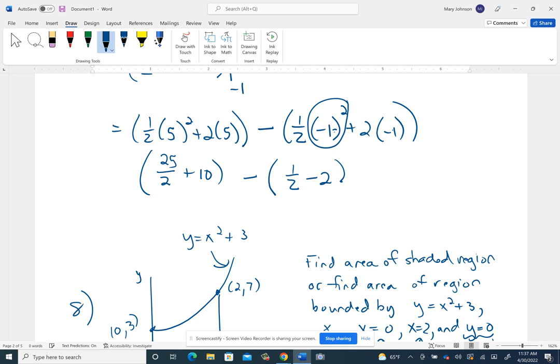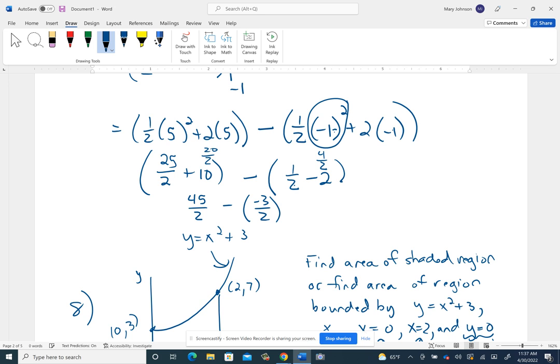Okay. So let me go ahead and put these together. So if this is going to be 25 over 2, if I'm doing it by hand, I'm thinking about 10 being 20 over 2. So this would be 45 over 2. I don't need parentheses really. Then I have minus, and then right here, 1/2 minus 4/2 would be minus 3/2.